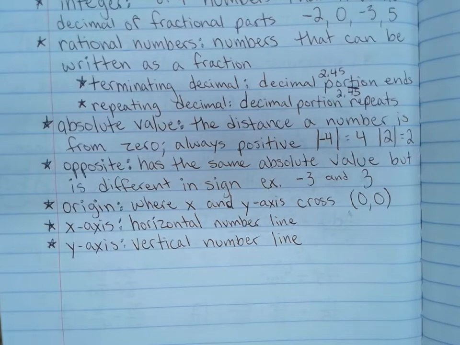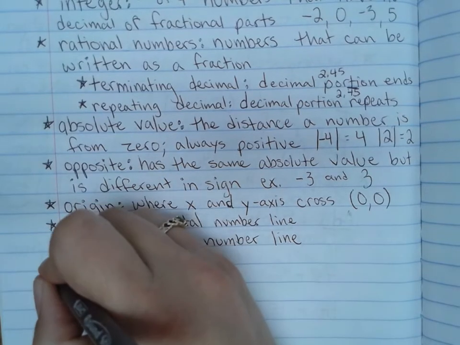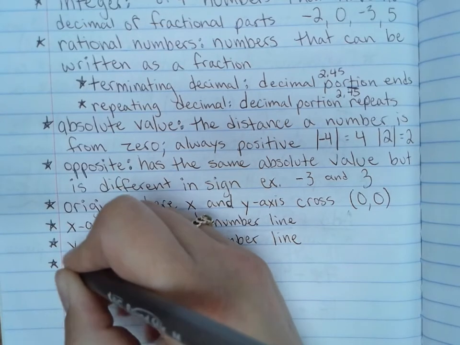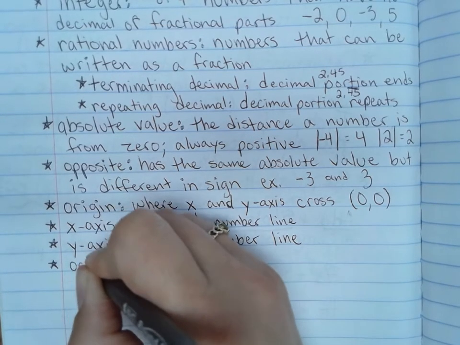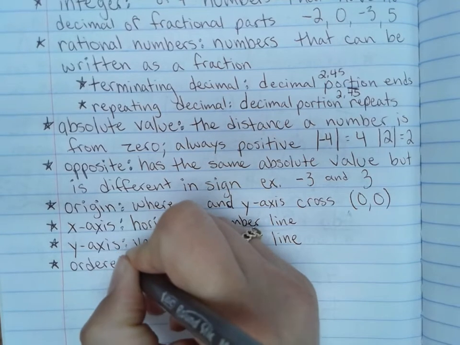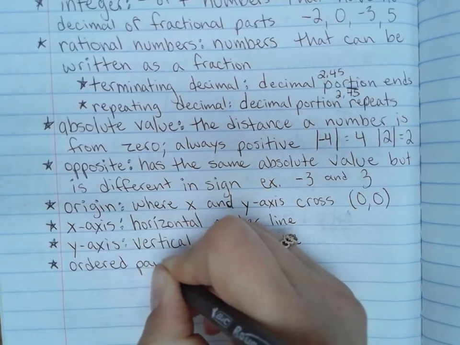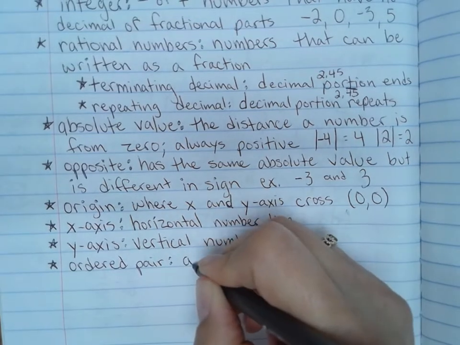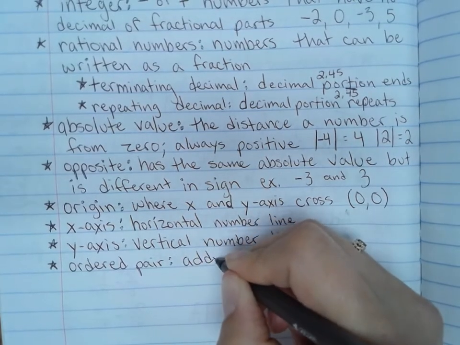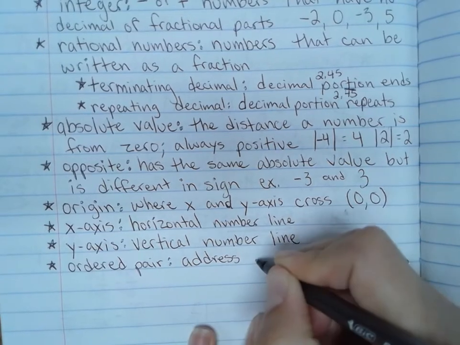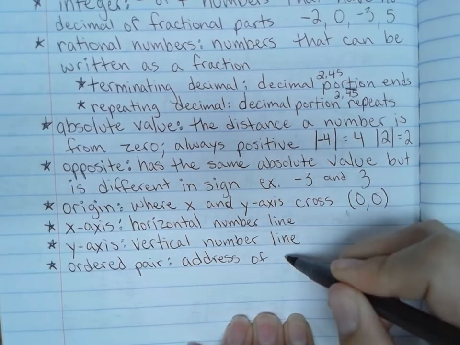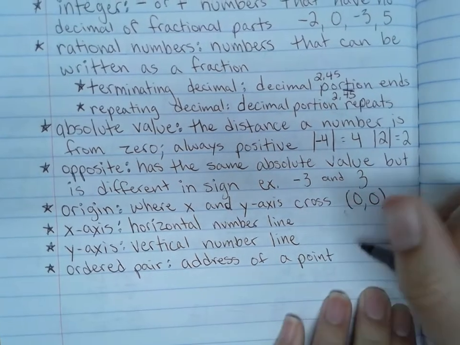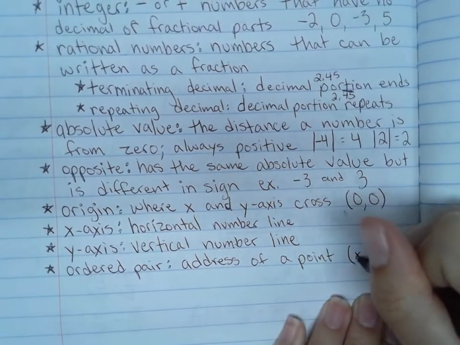Okay, next one is an ordered pair. Okay, it's the address of a point on the graph. And then in parentheses, x, comma, y.